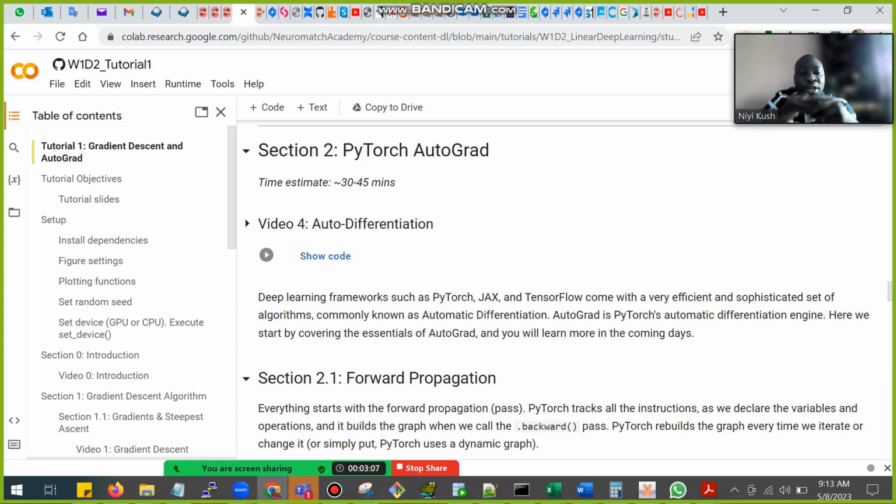What it means is that when a function has another function in it, and that function has another function, then we are talking about different levels of nesting. What Autograd helps to do is achieve commensurate optimization for these algorithms. We have other algorithms like gradient descent and the likes, but today we are focusing on Autograd.